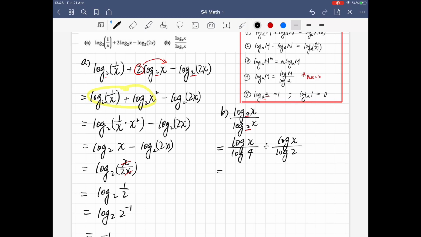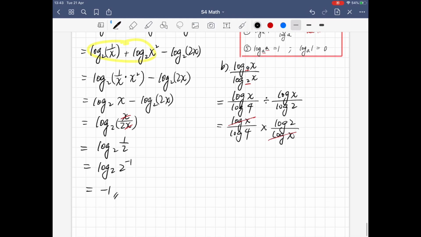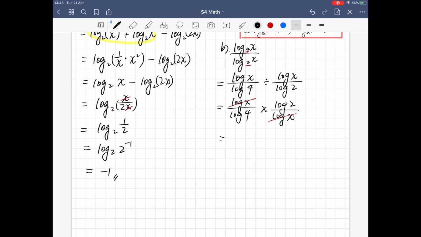Okay, so that I can change all the bases into 10. And afterwards, I can convert the division sign into multiplication sign, but for the numerator and the denominator, they have to interchange. And then as you can see, the log x can be cancelled out, and what we have left is log 2 over log 4.